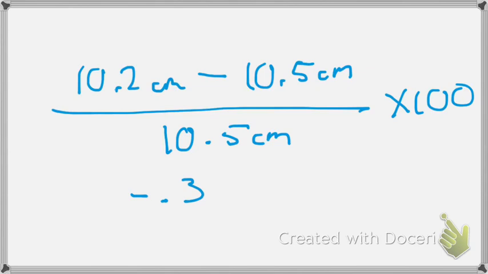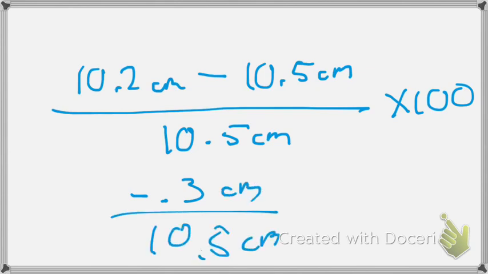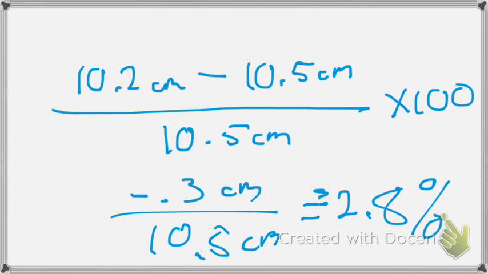So we should wind up with negative 0.3 centimeters divided by 10.5 centimeters, which, if I do the math real quick on my calculator and then take it times 100, comes out to negative 2.8% error.